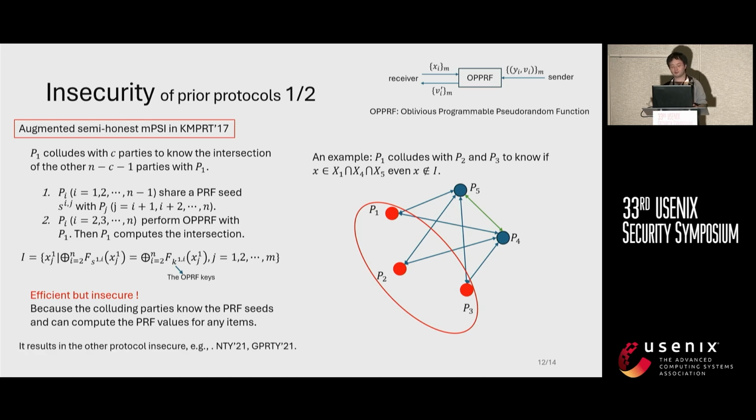There are also protocols based on this protocol, for example, NTY from CCS 2021 and the GPRTY from Crypto 2021. Their protocols are built on this protocol, so because of the same issue, their protocols are also insecure.